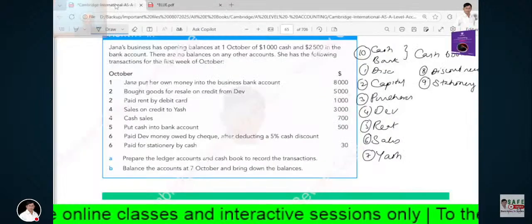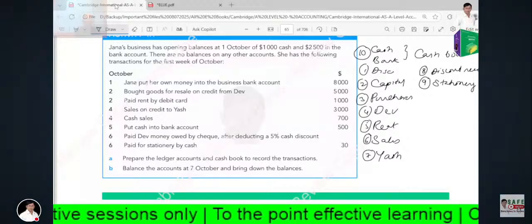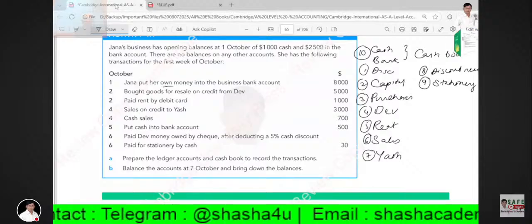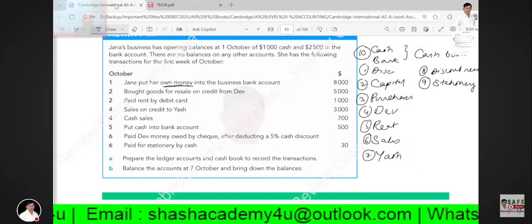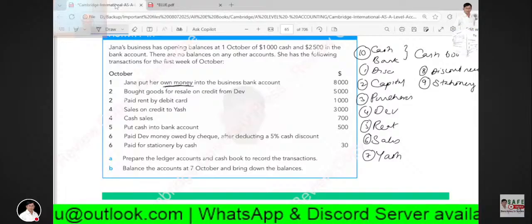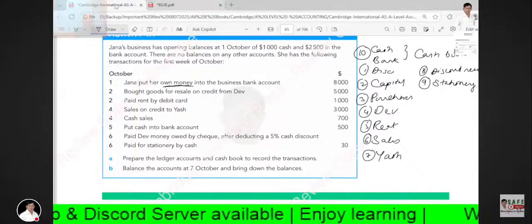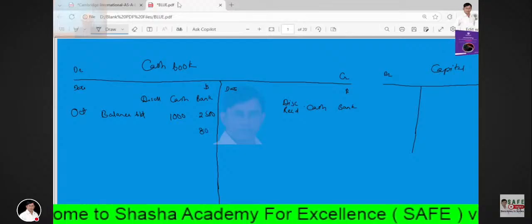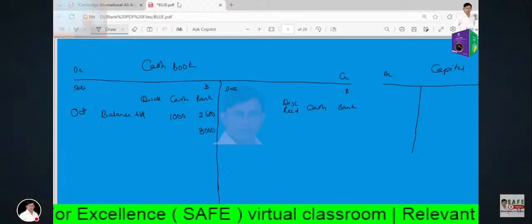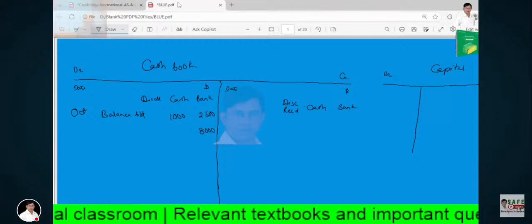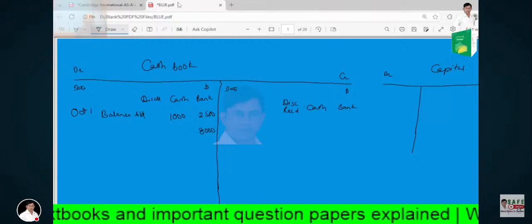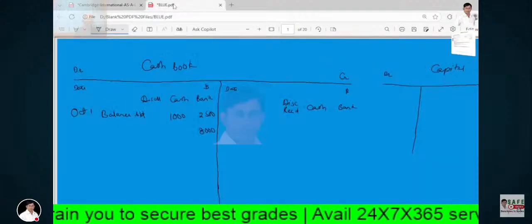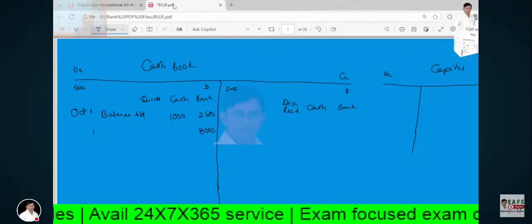Then Jana put her own money into the business bank account. Own money is nothing but capital. So money is coming into the bank, on first October itself.